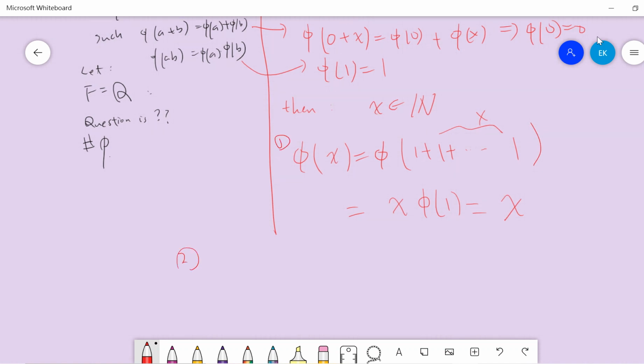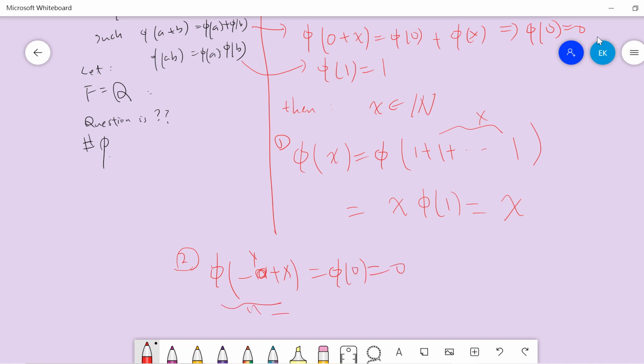And the second, so now we know that on the positive integers it is an identity map. But how about negative integers? So minus x plus x is phi of 0, which is 0.